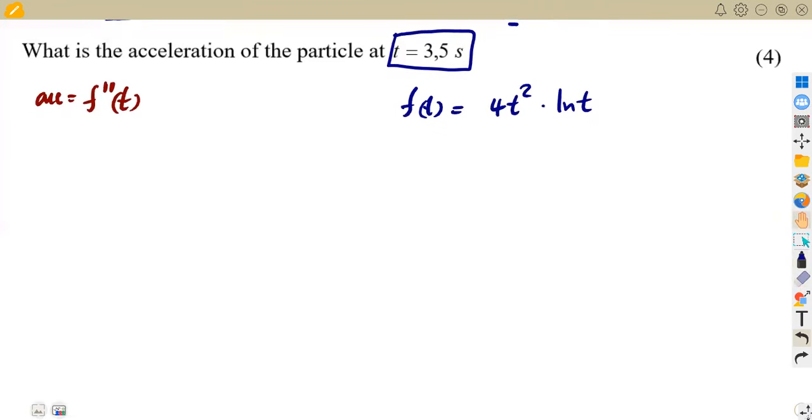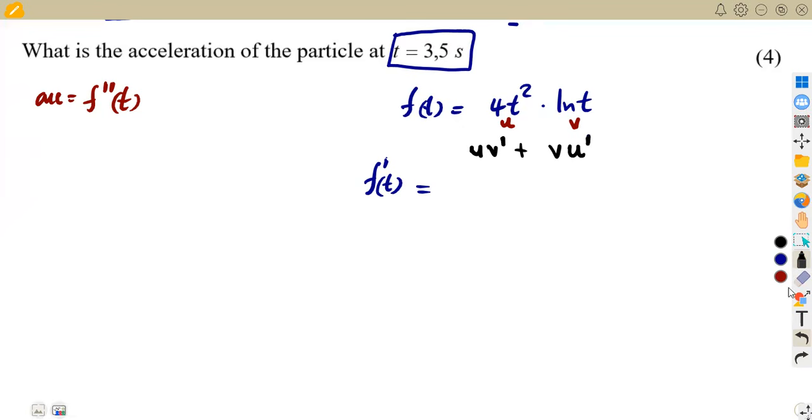How do you differentiate this? To find the second derivative, you must first find the first derivative with respect to t. This is a product, so we've got our u and our v. Remember from the product rule that the derivative of a product is u times the derivative of v, plus v times the derivative of u.